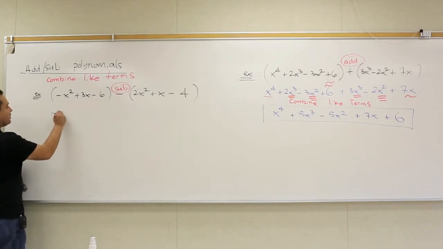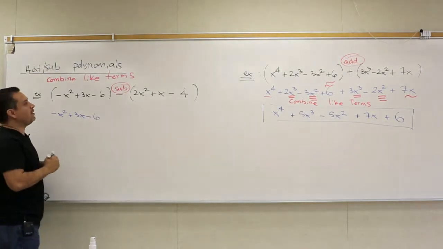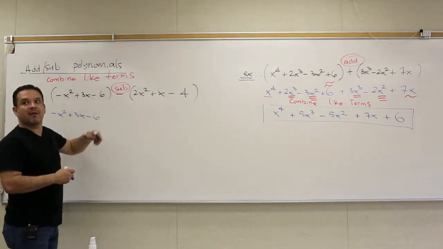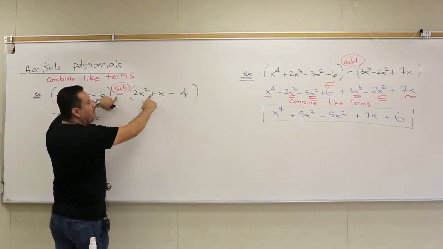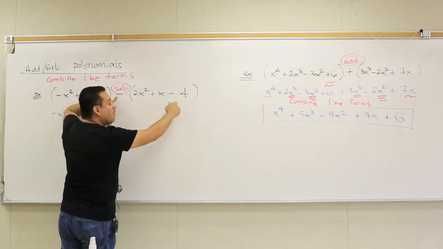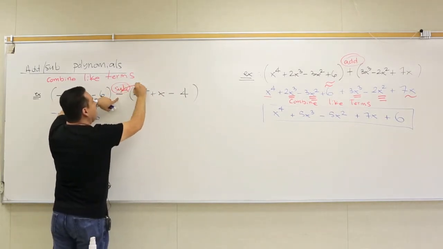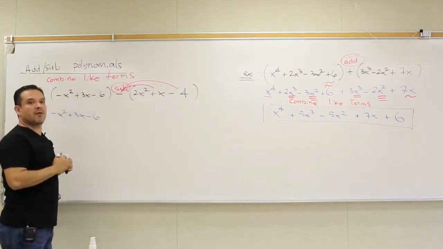You've got minus x squared plus 3x minus 6. What do you do now with this here? In other words, you're subtracting every one of these 3 terms. That means I'm going to change the sign of each one of these terms.